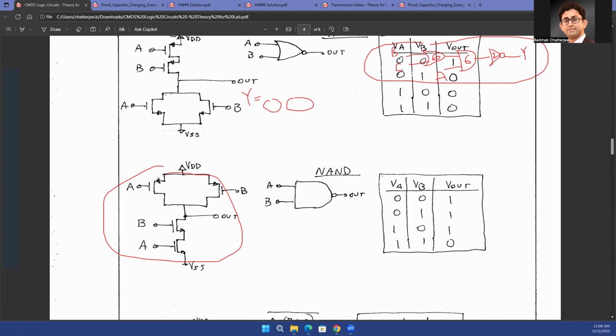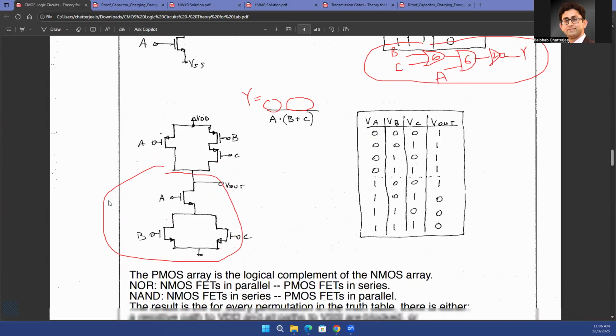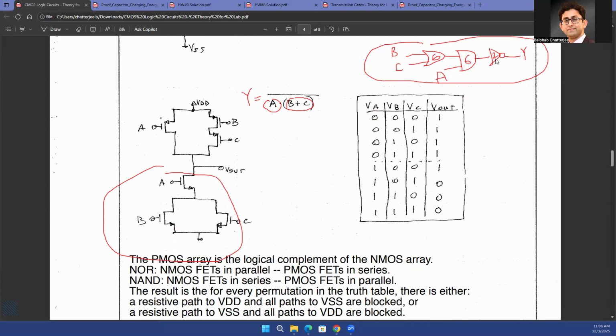Now you might argue that I'll combine this AND gate at the end with the AND gate so that I have only a NAND gate. So I can just create a NAND gate and then get rid of the inverter at the end, right? In that case, the NAND gate will require 4 transistors. So still you require 6 plus 4, that is 10 transistors.